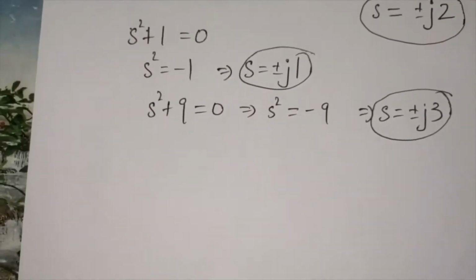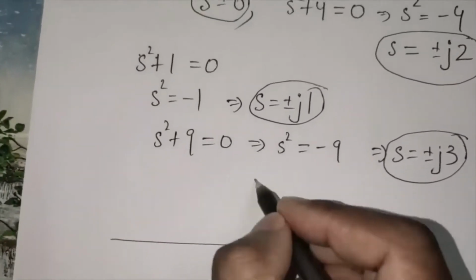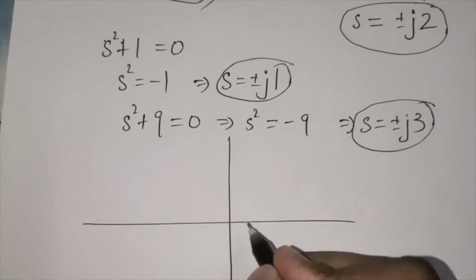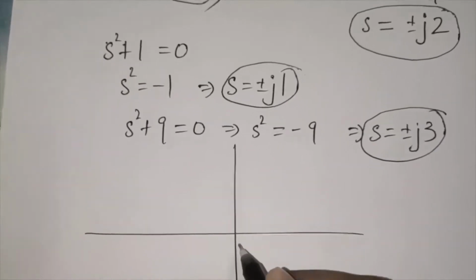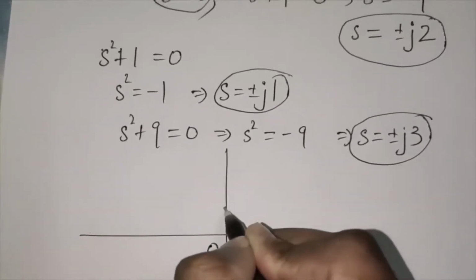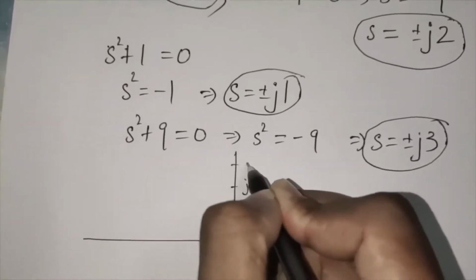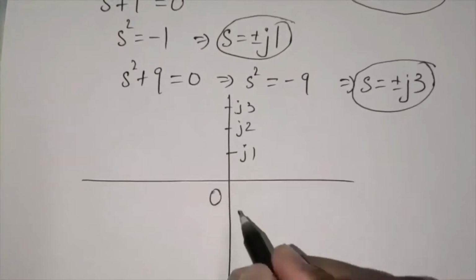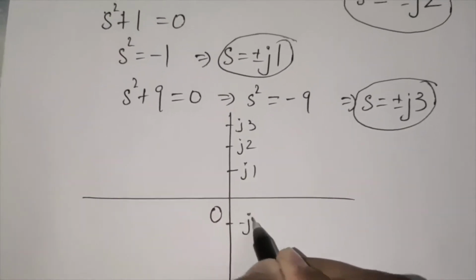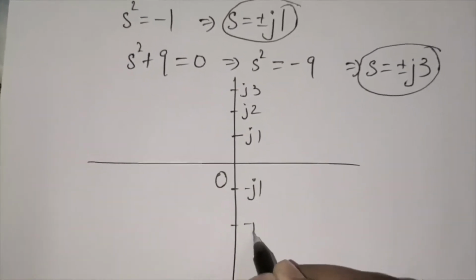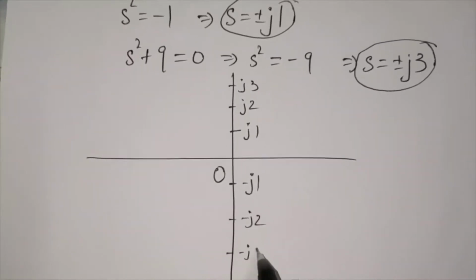So if I draw the pole zero plot, this is the origin. Let us consider this as J1, J2, J3, and let us consider this minus J1, minus J2 and minus J3.